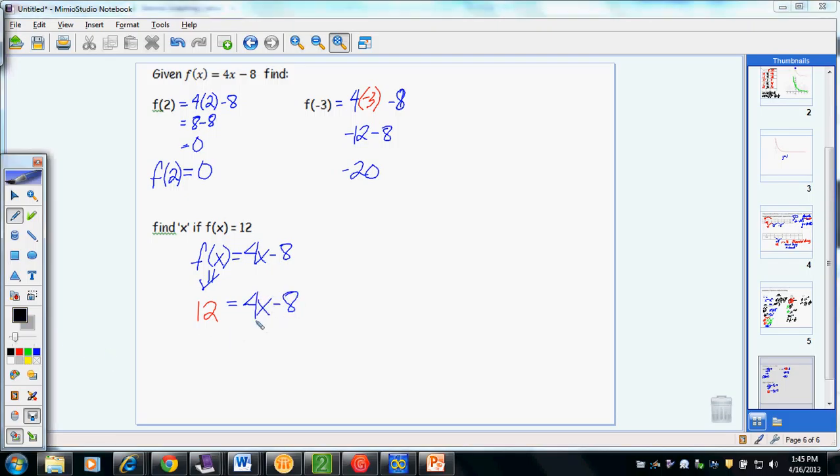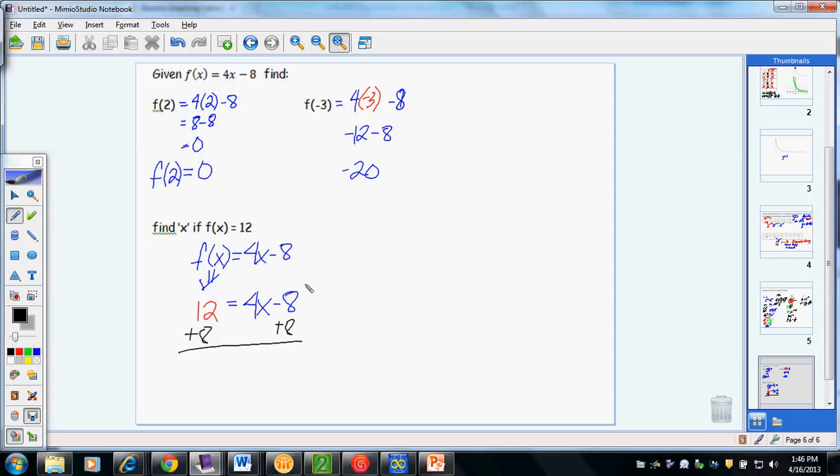So here we'll add 8 to both sides. These cancel out. 12 plus 8 is 20 equals 4x. We'll divide both sides by 4, and we have x equals 5. All right, there we go.